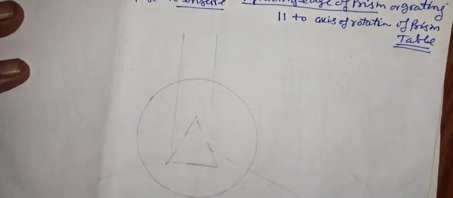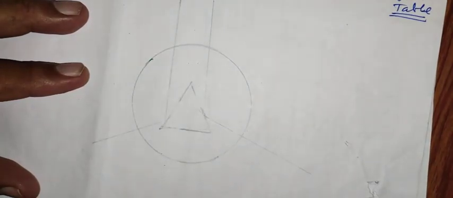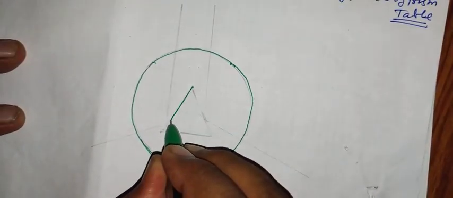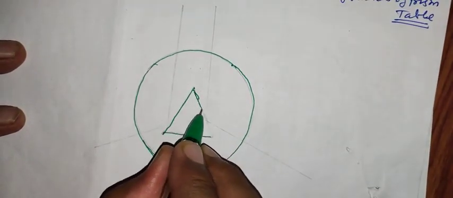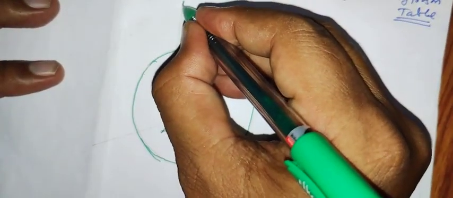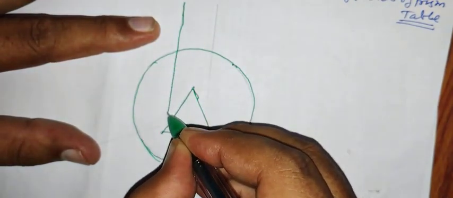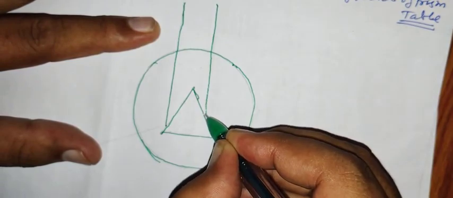So how is it done? See in the diagram. Let it be the table on which a prism is kept. Let a parallel ray of light, coming from collimator C, be allowed to fall here on the prism.